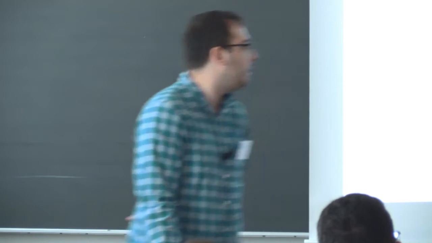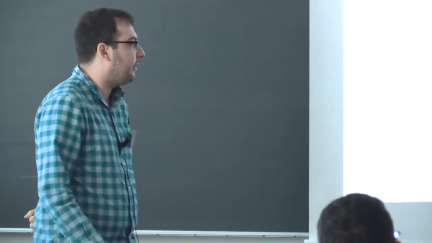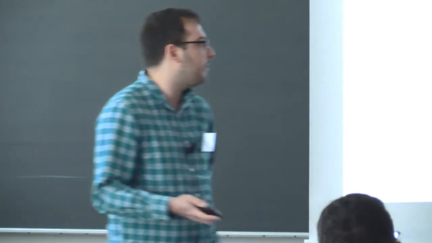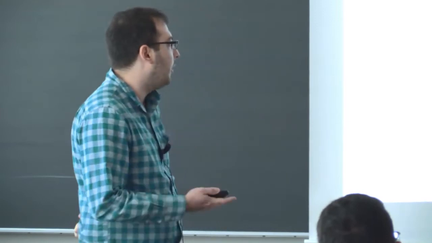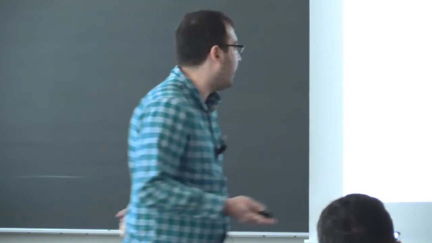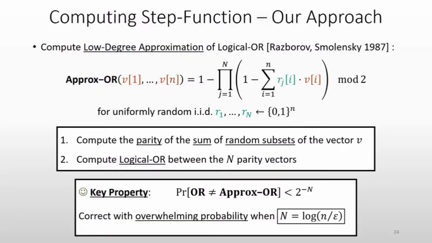The key property here is that the probability that the actual OR function and the approximate OR function will be different is quite low, and we are correct with overwhelming probability when big N equals log of small n over epsilon. So we achieved here a logarithmic degree.